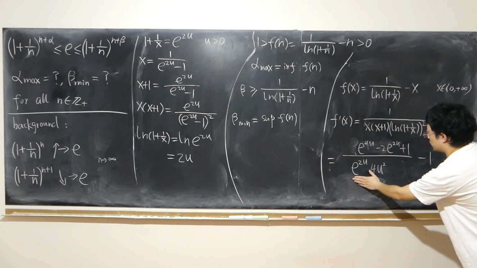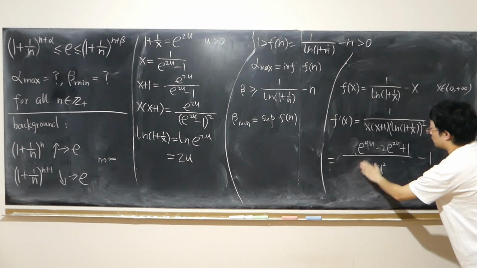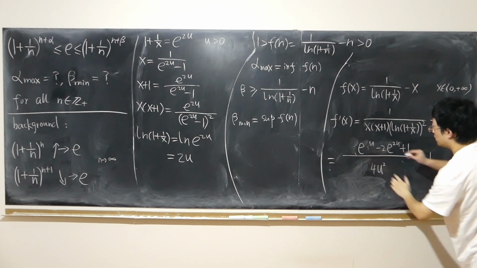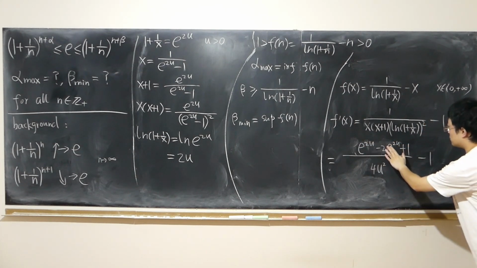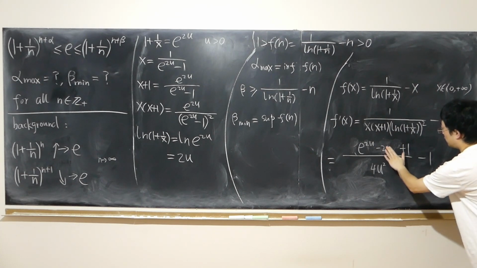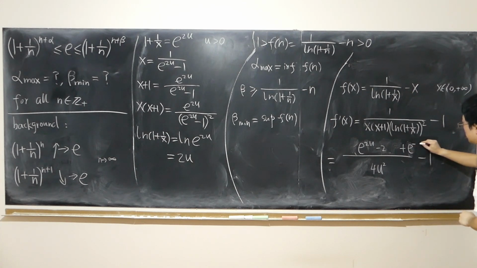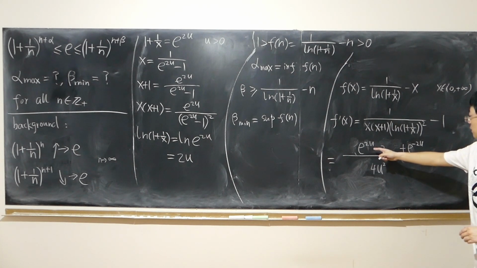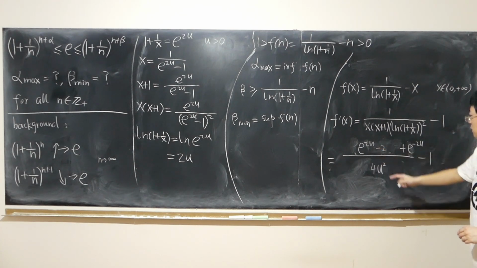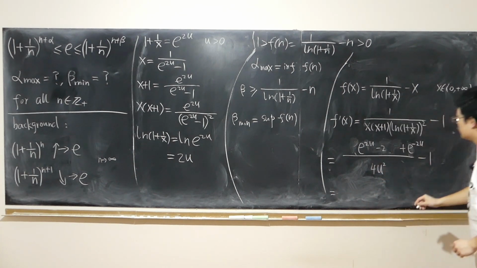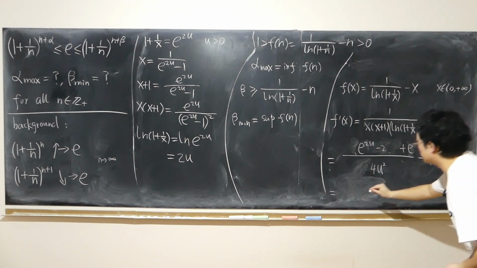So this becomes e to the 2u, this becomes minus 2, and this becomes e to the negative 2u, all right? So this is good, and this is also a perfect square, right? E to the u minus e to the negative u, squared.